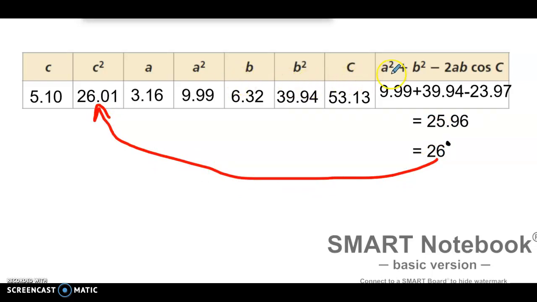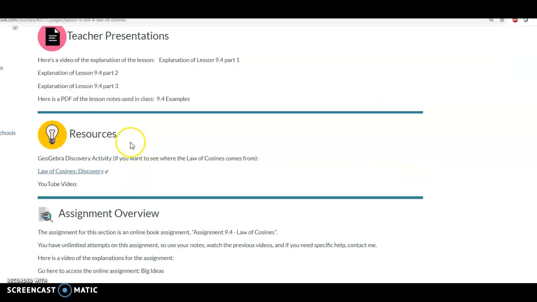So now here we have our formula. C squared is equal to a squared plus b squared minus 2ab cosine of c. Listed in the resources of this module is a GeoGebra discovery activity if you want to see where the law of cosines comes from.